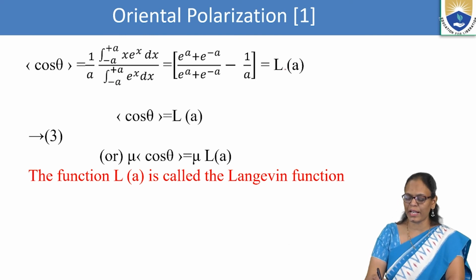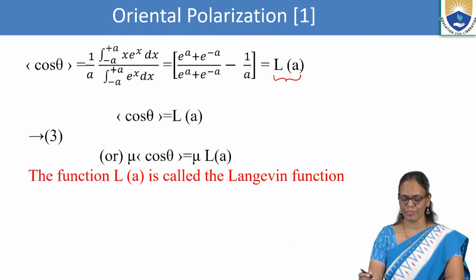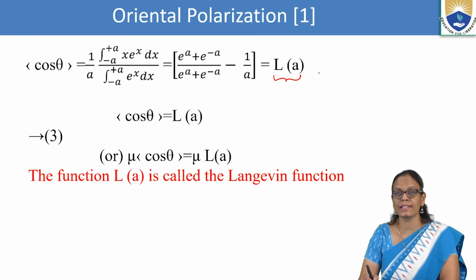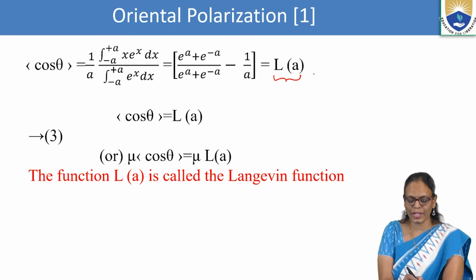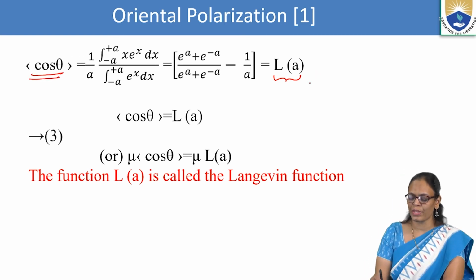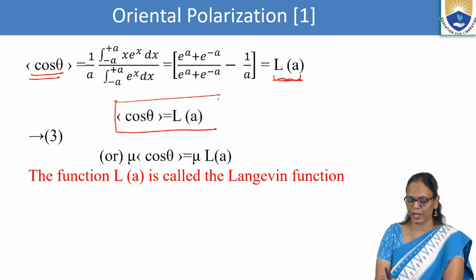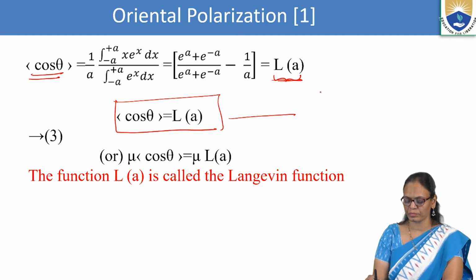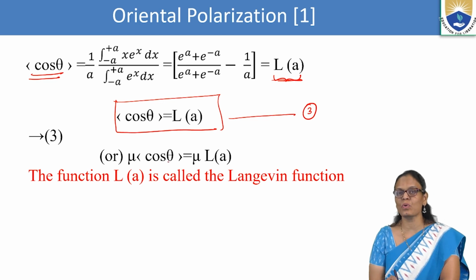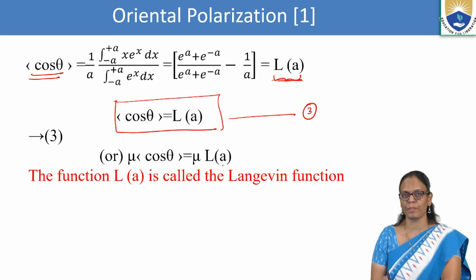And we let it be equal to L of a. We call it a Langevin function. So what is cos theta now equal to? L of a, the Langevin function. This is the result, equation 3. Now what will be μ cos theta? μ into L of a.